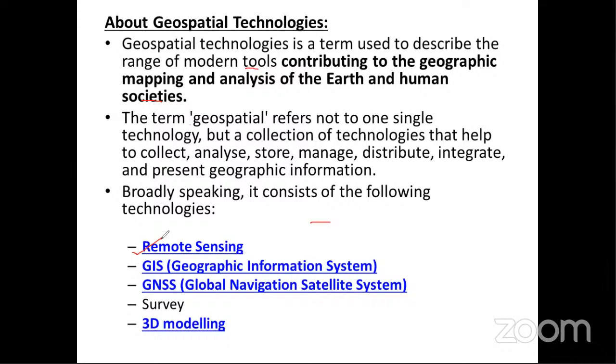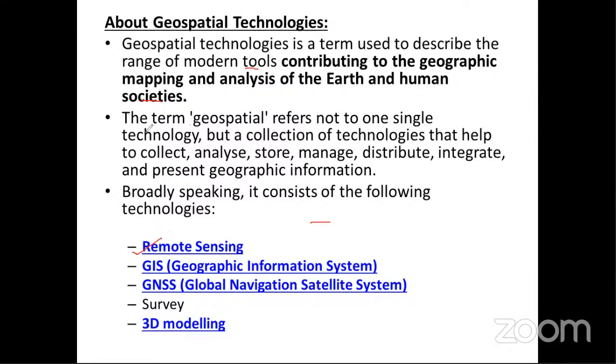Then GIS, called Geographic Information System. GNSS, called Global Navigation Satellite System. Survey and 3D modeling. When all these technologies work together, we call them geospatial technologies.